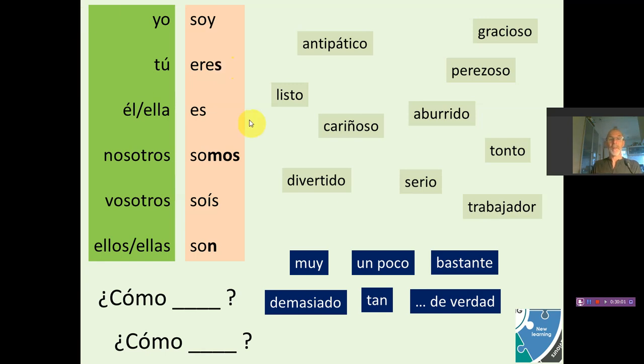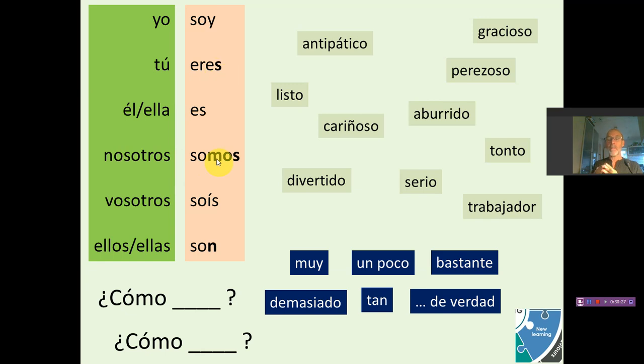The first one is that the you form of all verbs, when you're talking about you, just one person, almost always, in fact, I would go as far as to say, apart from one tense, always ends with an S. So if you remember that, it might help. Always ends with an S. The we form, the nosotros form, always ends with mos.